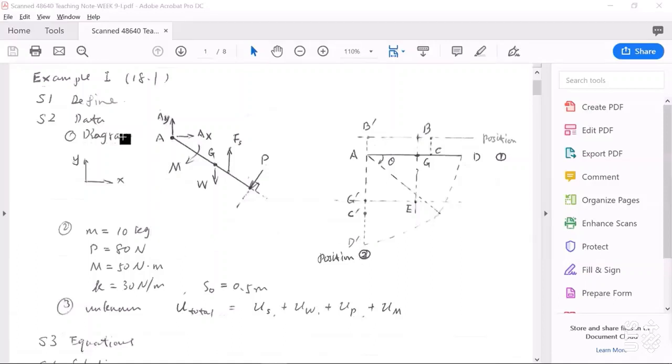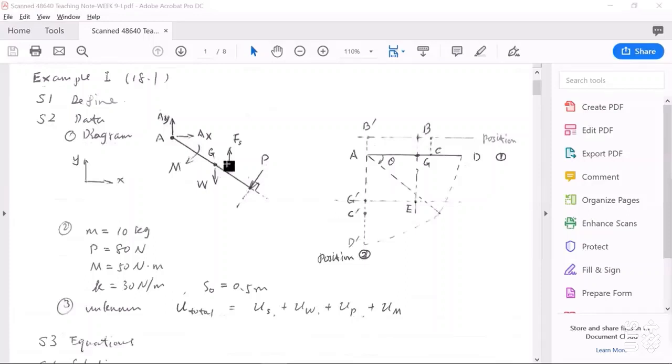Okay. We also need a coordinate system. And here, basically, we only need to indicate the positive direction of x and the positive direction of y. And these two positions will be useful in our calculation.